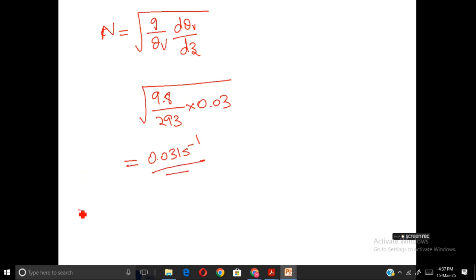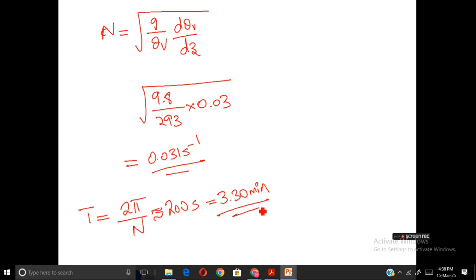Now, if you want to find the time period of oscillation of the parcel, the time period of oscillation is given by T equal to 2 pi by N. This will be 2 into 3.14 by the frequency, which is 0.031. Around 198 or 200 seconds it will come. 200 seconds, which is basically 3 point something minutes.